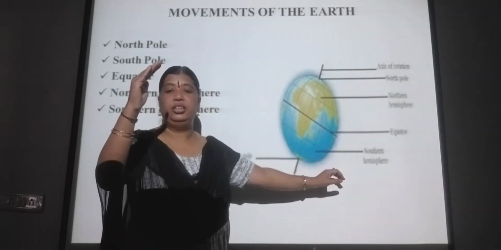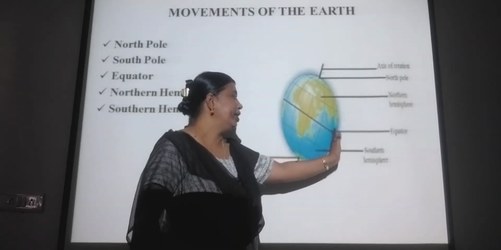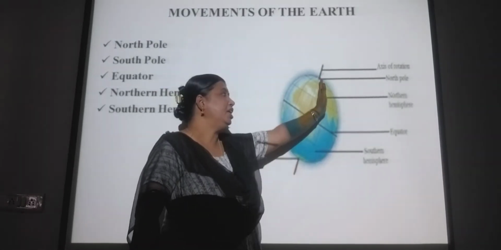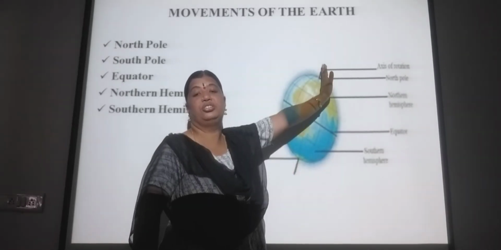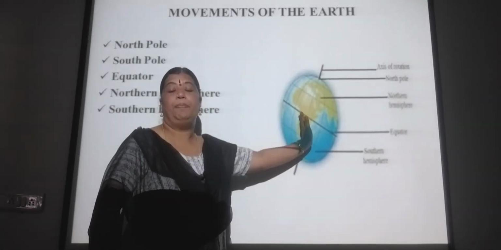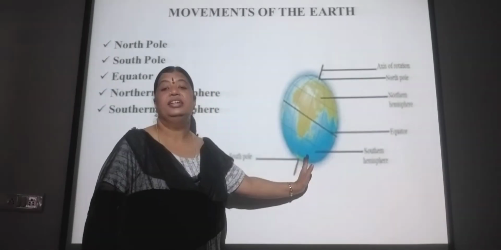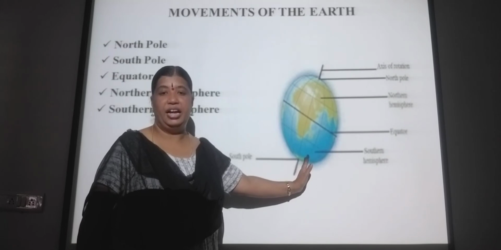Understood, children? Northern hemisphere, southern hemisphere. The imaginary line is the equator. Above the equator, going towards the north, is the northern hemisphere. Below the equator, the part going towards the South Pole, we call the southern hemisphere. Understood, children?